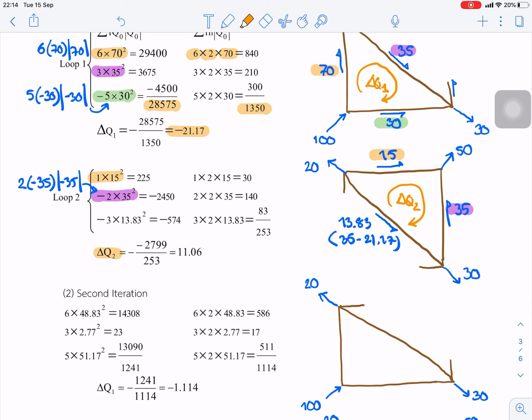Okay, and finally we found the correction for loop 2 is 11.06.